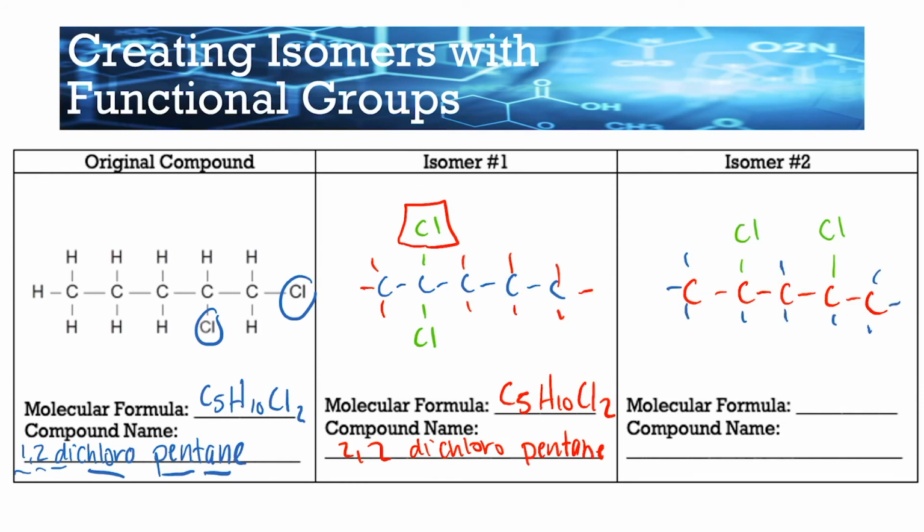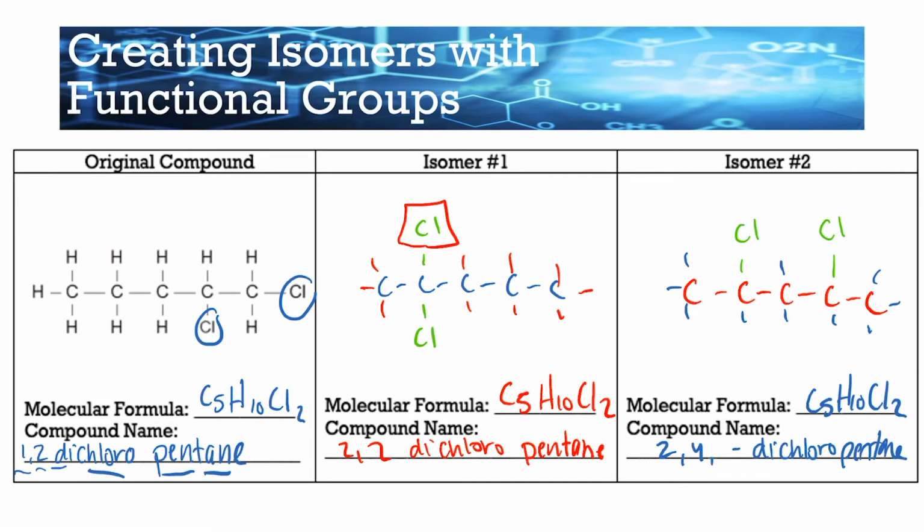We still have the formula C5H10Cl2, and it's still dichloropentane. But with the different locations of the chlorines, it is 2,4-dichloropentane. So changing the locations of the chlorines is all you have to do.